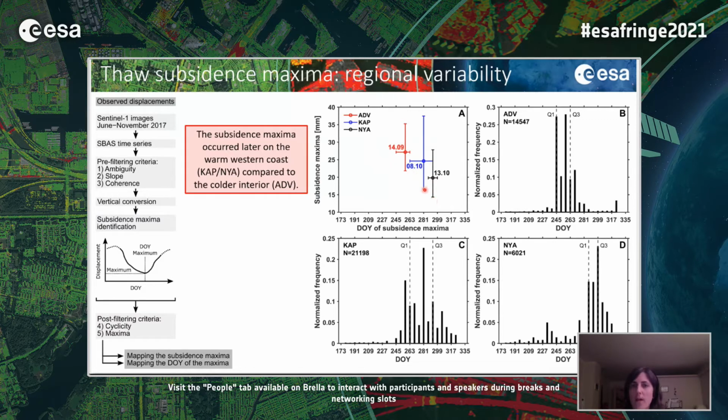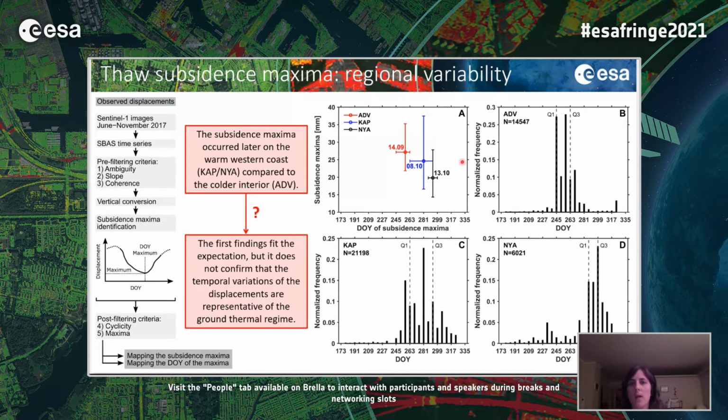We see also different kinds of maximum subsidence values that are related to the sedimentology type and the sediment cover thickness and type.